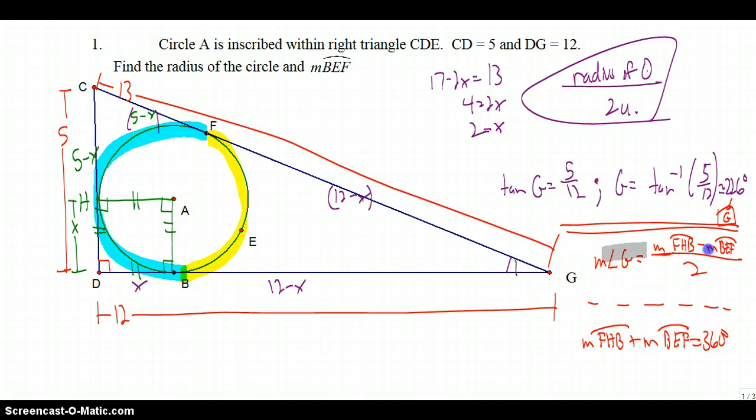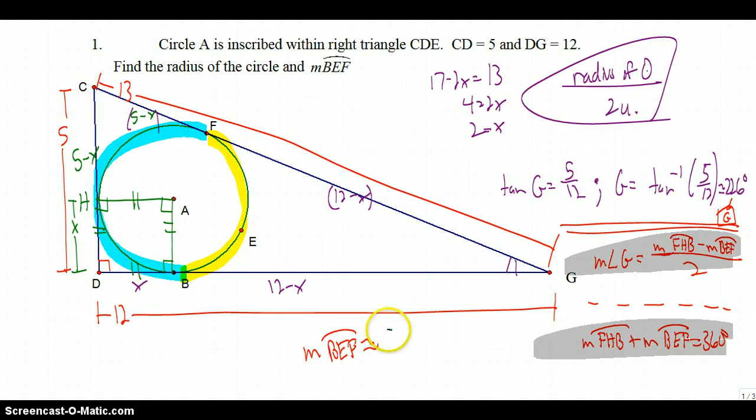With these two equations and the same two variables, you could use elimination or substitution to solve for our goal angle, the measure of angle BEF, and that angle comes out to approximately 157.4 degrees.